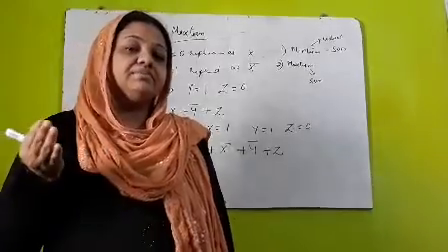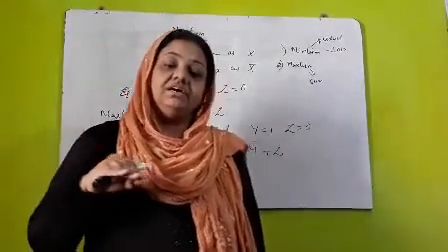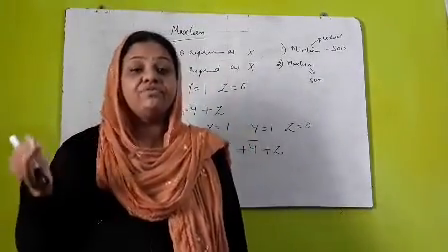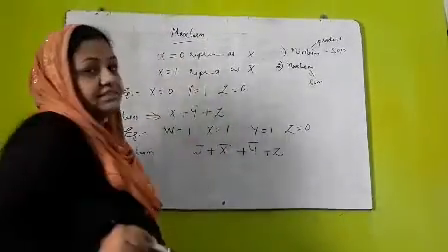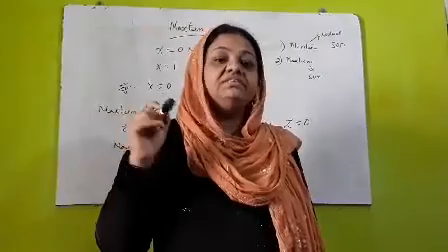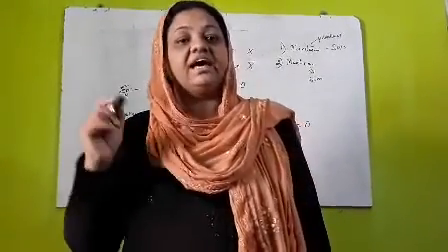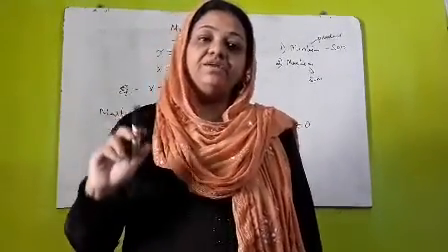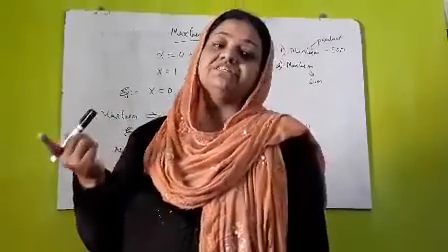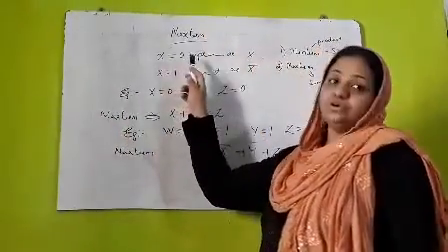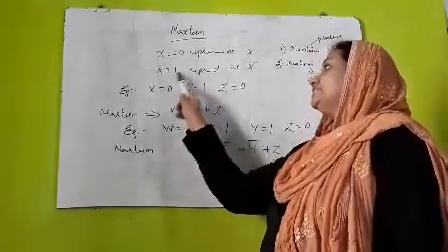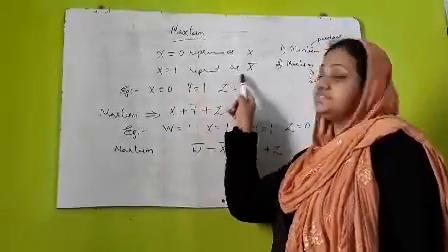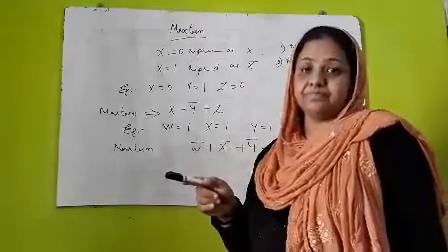Max term is the complement of that, which is the sum of all literals. So in a max term, if a variable is 0, it is represented as it is. If a variable is 1, it is represented with its complement. So if x is equal to 0, it is represented as x. If x is equal to 1, it is represented as x bar.